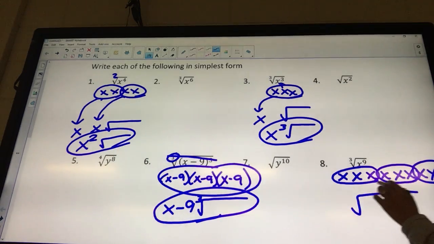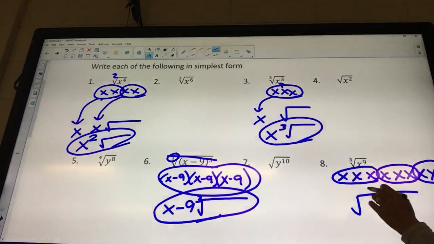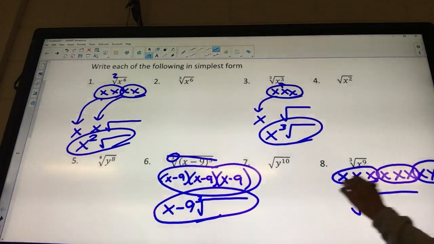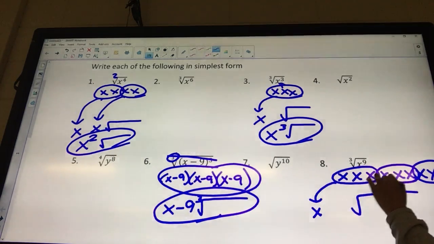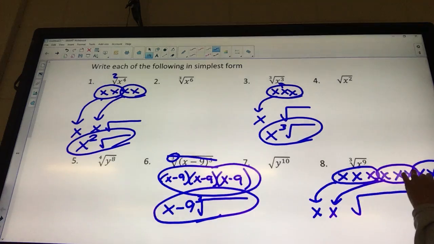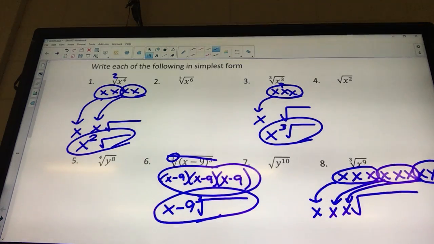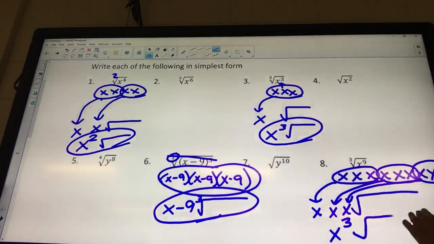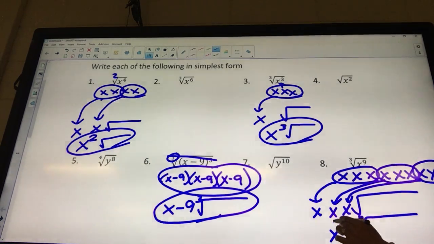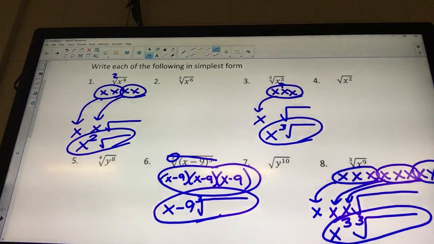So I put my square root, and for every one I have circled, how many x's do I put? 1. And so it's going to end up being 3. What's x times x times x? x cubed. And then we say square root of x cubed.